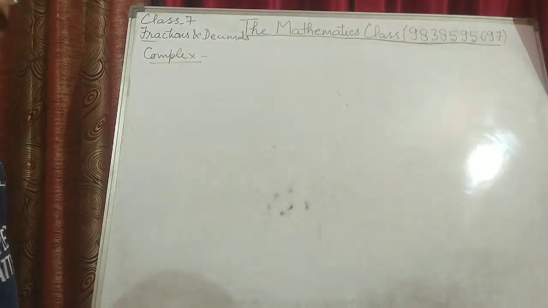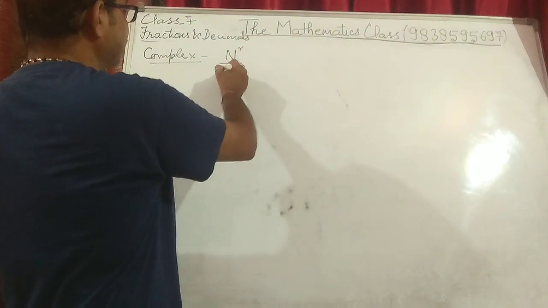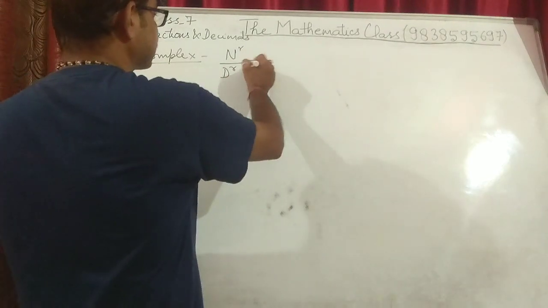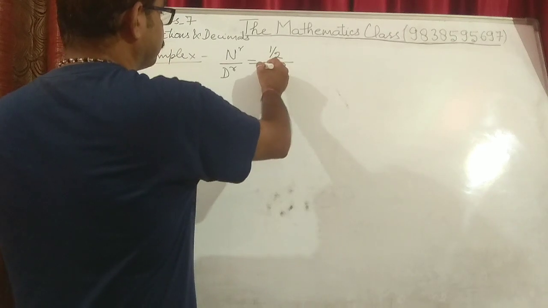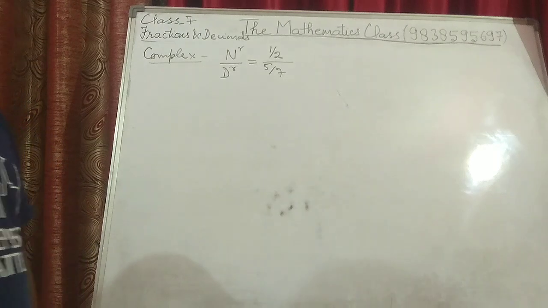Suppose I say 1 upon 2 upon 5 upon 7. So this is a complex fraction.